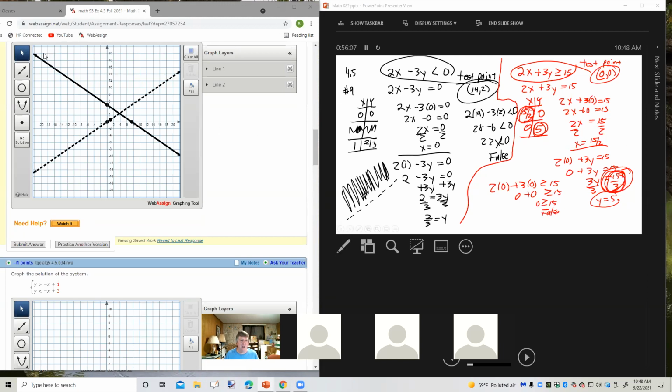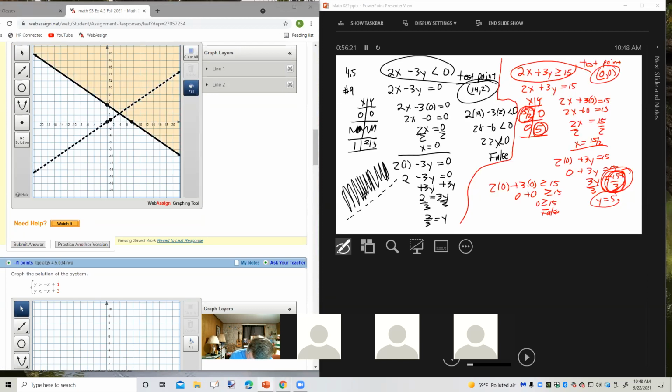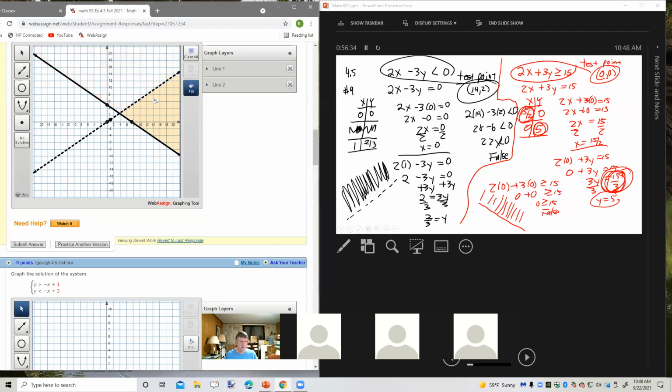So for the solid line, 0, 0 is not a correct test point. So it's going to be up here above. So for the red graph, it's going to look like that.